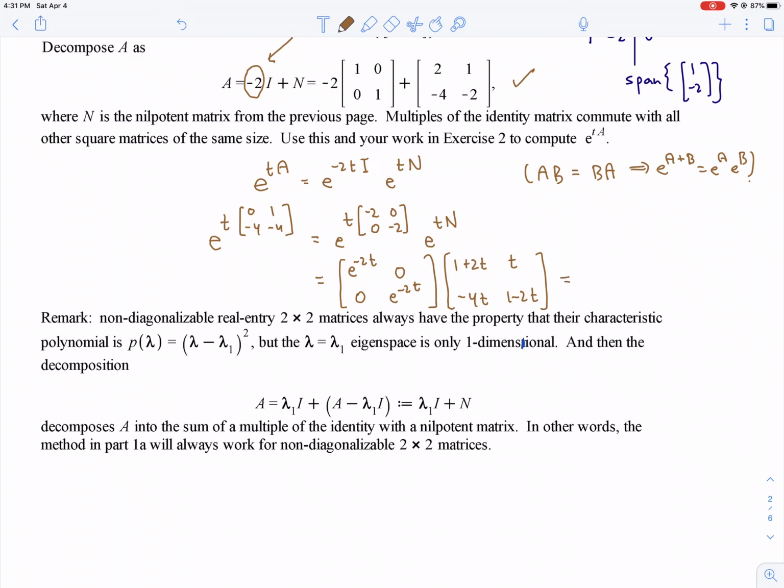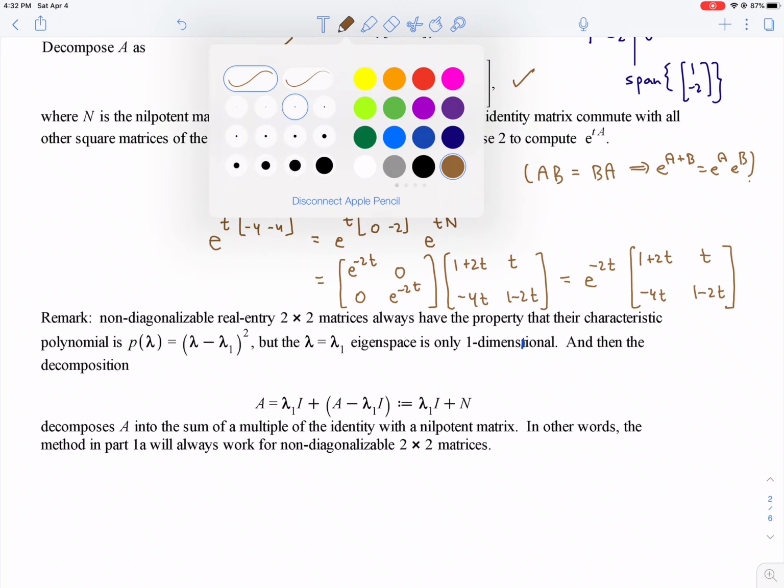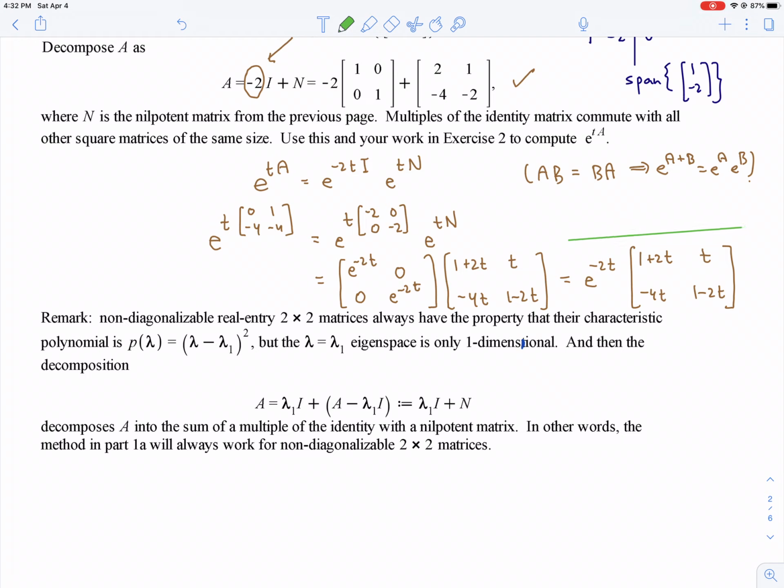And the first matrix is just e to the minus 2t times the identity, so I can just write that as the scalar, e to the minus 2t times the matrix 1 plus 2t, t, minus 4t, 1 minus 2t. So that's the final answer for e to the tA.